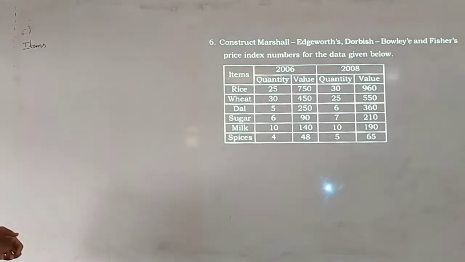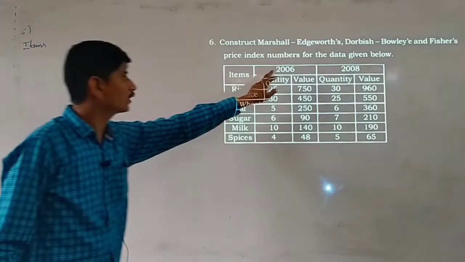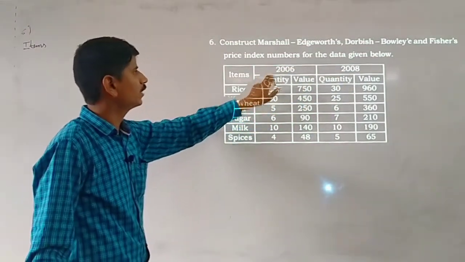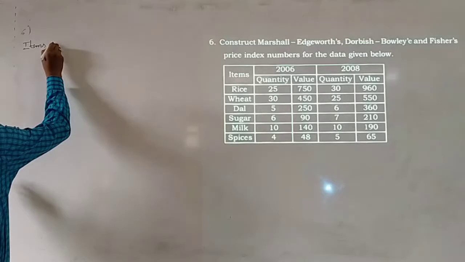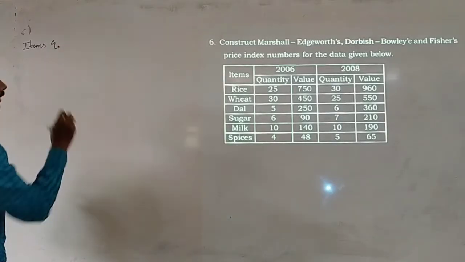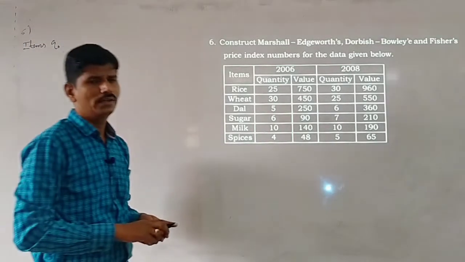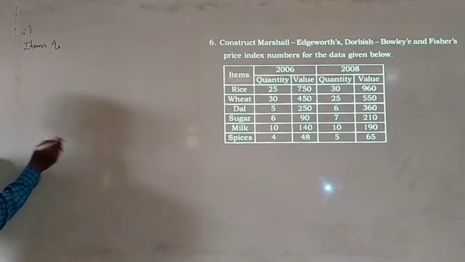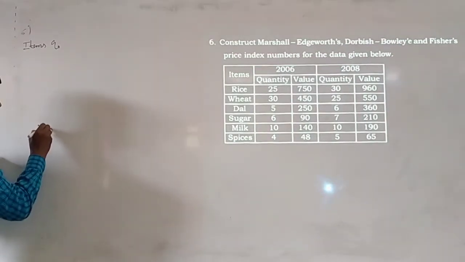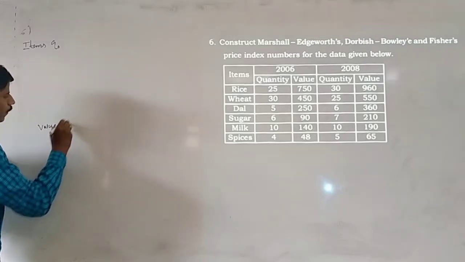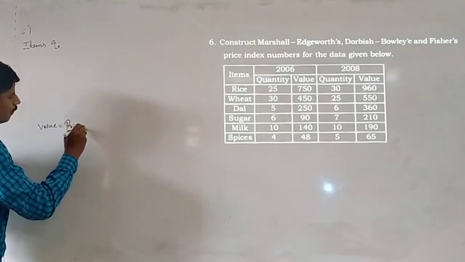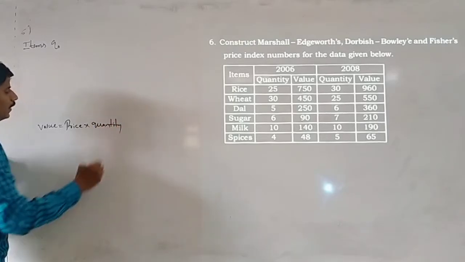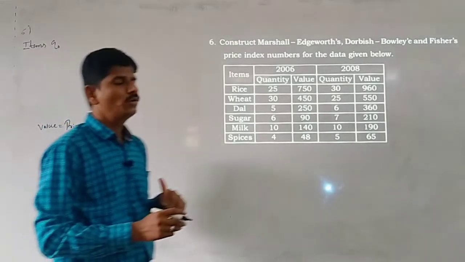Here 2006 is the base year and 2008 is the current year. 2006 quantity is denoted by Q0 and 2006 value, okay, here value equals price multiplied by quantity. Here the expenditure and value both are same.